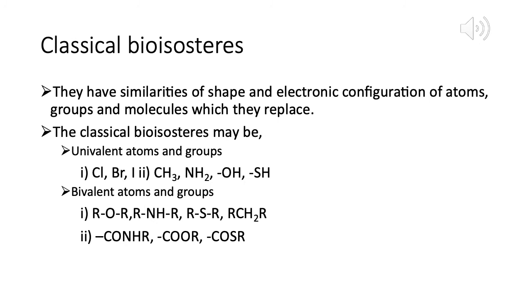Classical isosteres have similarities of shape and electronic configuration of the atoms, groups and molecules which they replace. The classical bioisosteres may be univalent atoms and groups, such as chlorine, bromine, etc., or bivalent groups.